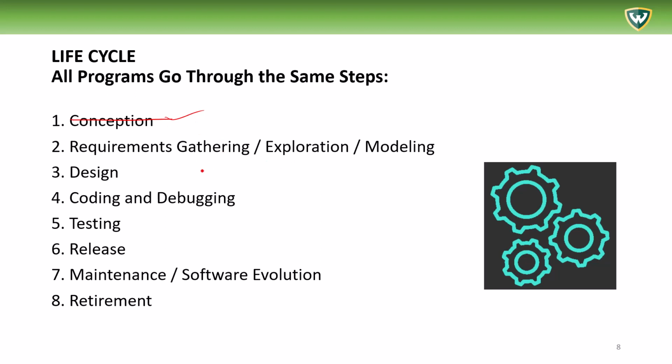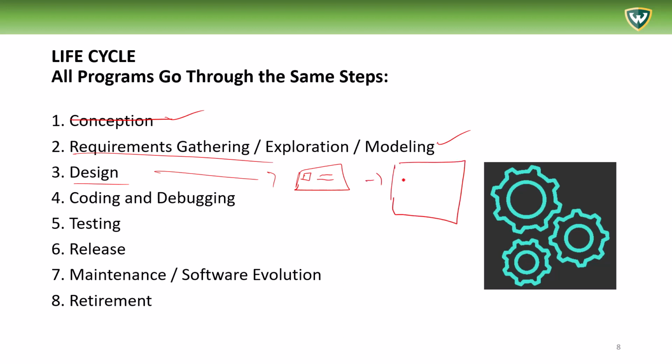So this is understanding the specificity of the features and the functions that the computer can and must produce. There will be exploration, discussions with people, conversations, and modeling, and we'll talk about this as well. Then the designer wants to start designing the actual parts of the system, and the design can be a visual design, or it can be part of the code, and actually has to be both.